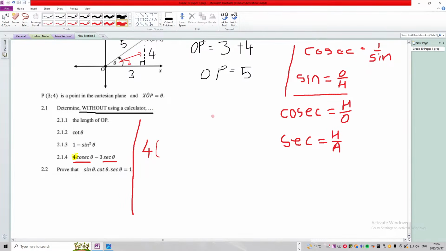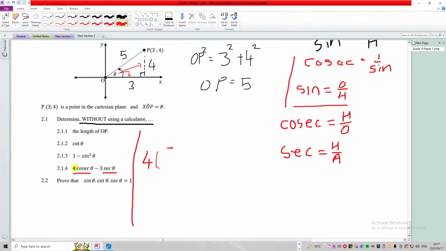Hypotenuse over opposite, which is 5 over 4, minus 3 brackets. Secant is hypotenuse over adjacent, so that's 5 over 3. Now I can see that that will cancel with that.